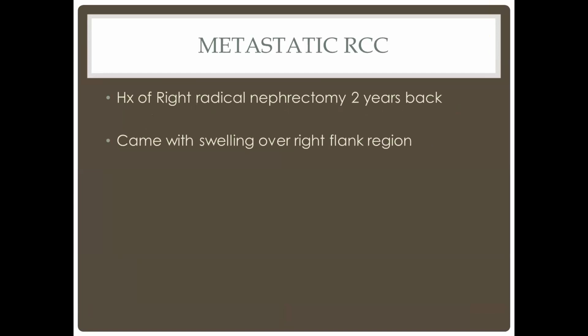70-year-old male patient had undergone right radical nephrectomy 2 years back, now came with a swelling over the right flank region. It is not obvious in this picture, but there is a mild fullness over the right flank region.